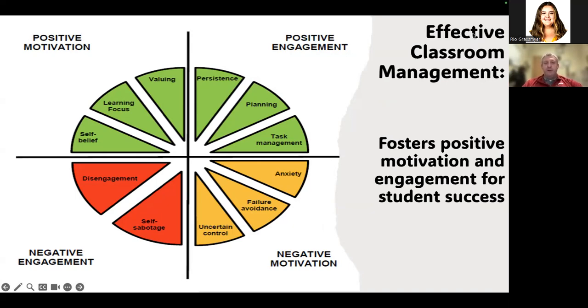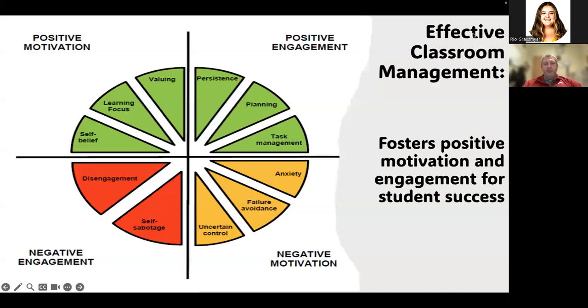If you don't plan your class ahead, you're never going to meet task management. So if we look at the negative engagements here, that's self-sabotage. We are failing our students immediately if we don't plan a task management tool before walking in. That's going to lead to disengagement. When you have disengagement in the classroom, you now have a failing classroom.